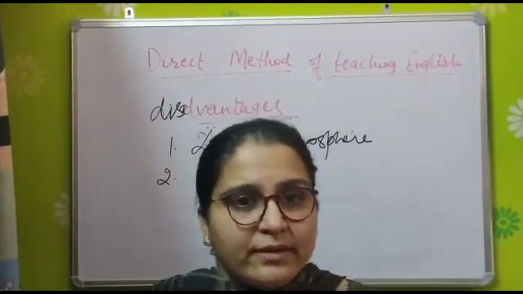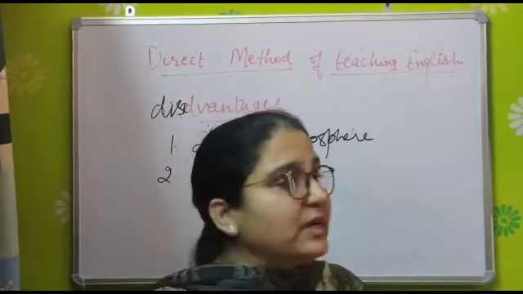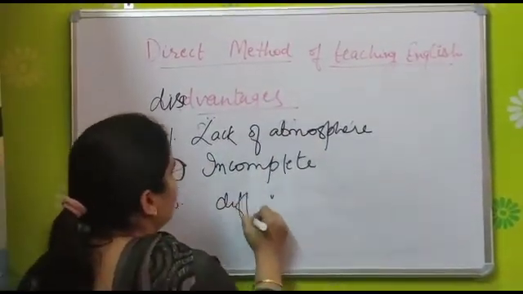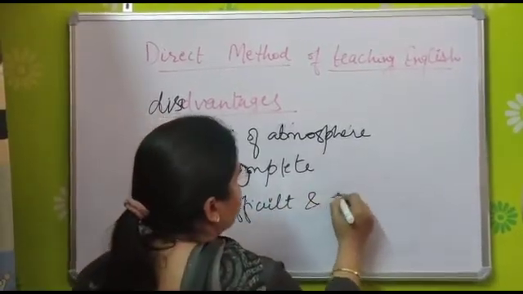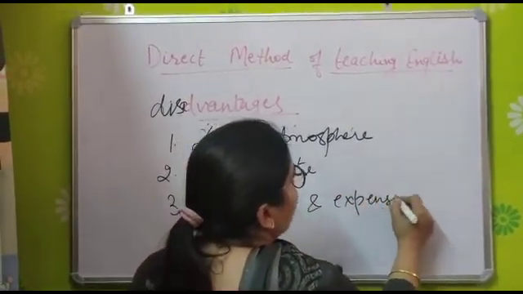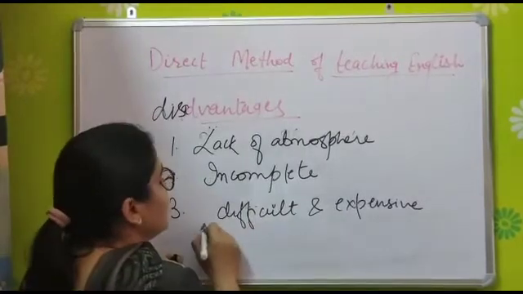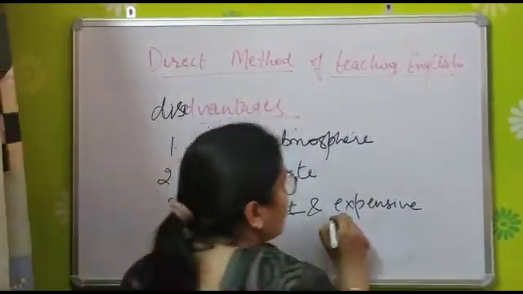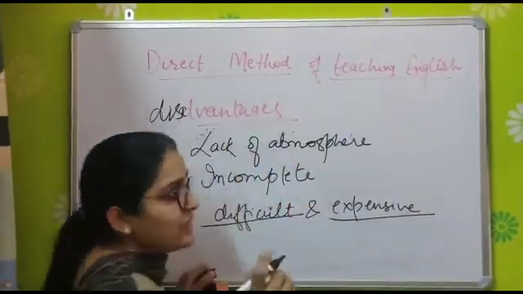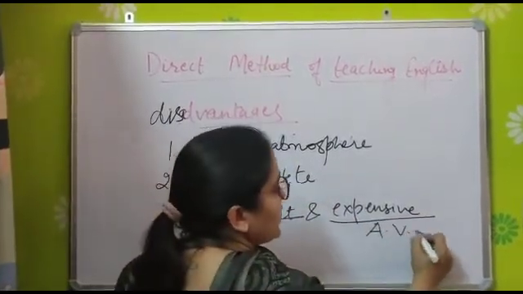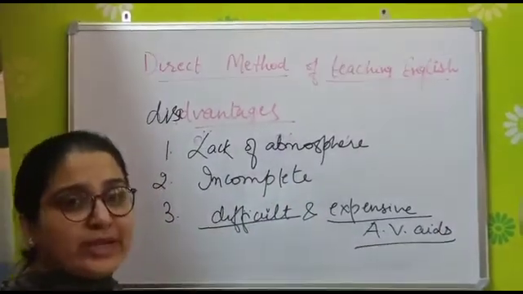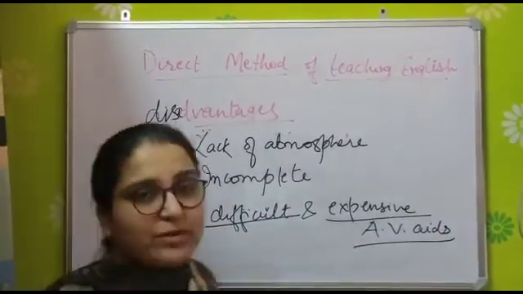Then the next is it is difficult and expensive. How it is difficult and expensive? Because as we have already discussed, teachers are not so much competent, so it is very much difficult and expensive in the sense of audio visual aids. Here we require audio visual aids more than any other method of teaching English.